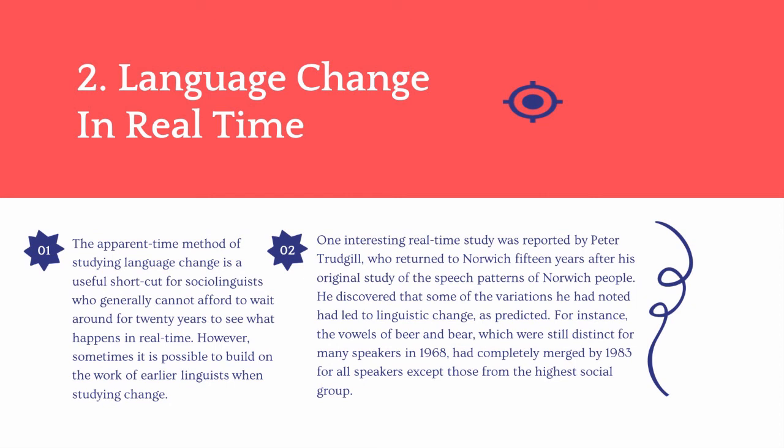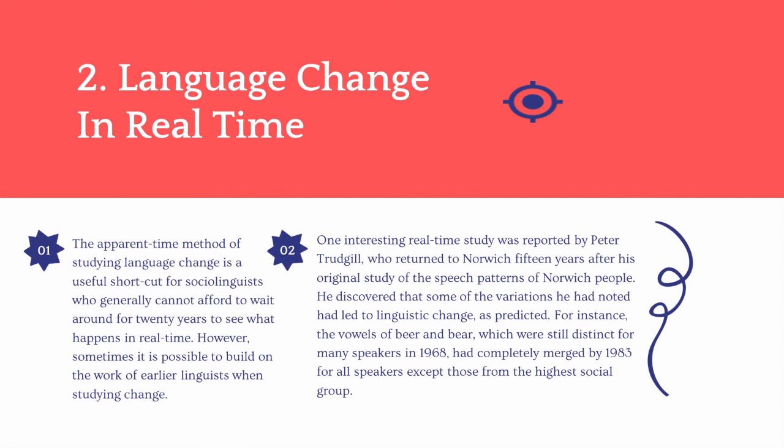One interesting real-time study was reported by Peter Trudgill, who returned to Norwich 15 years after his original study of the speech patterns of Norwich people. He discovered that some of the variation he had noted had led to linguistic change, as predicted.